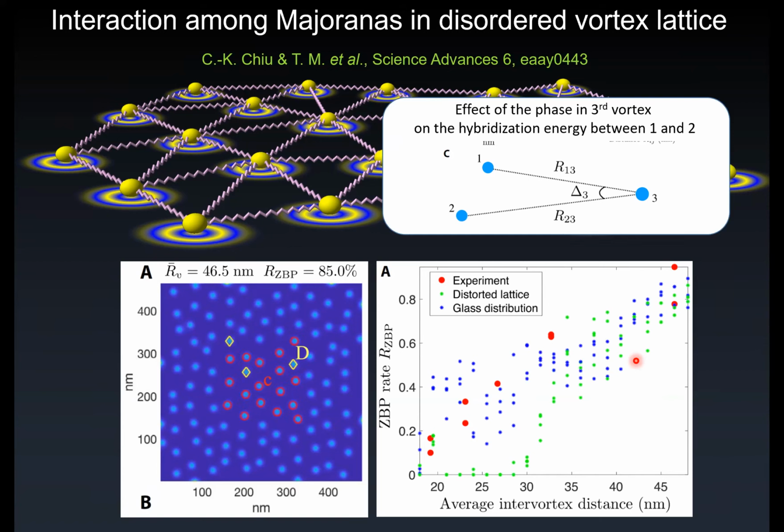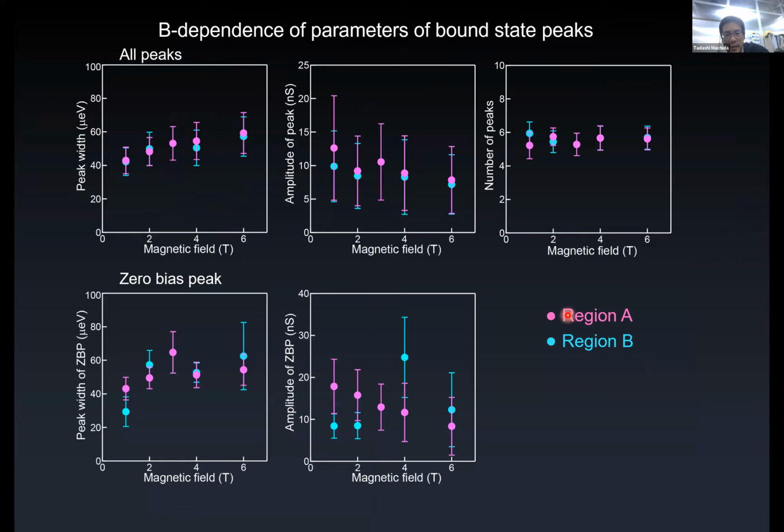Professor Machida, that was a wonderful talk, but I have two questions. One is on one of your plots where you showed those zero energy peaks, and then there are a number of finite energy peaks as well. Can you show one of those? Sorry, I can't hear you.